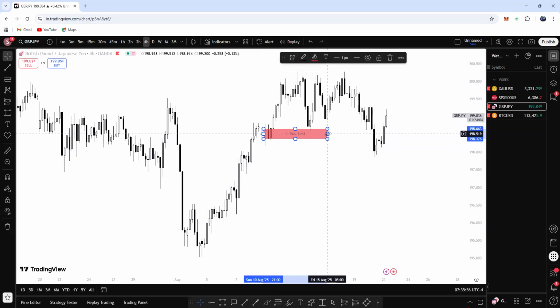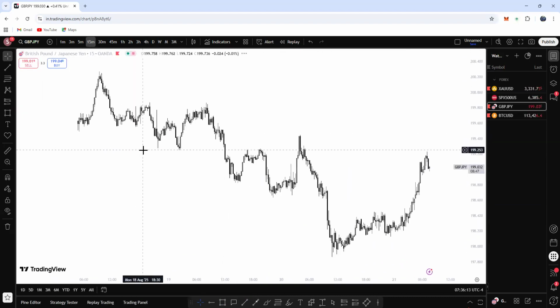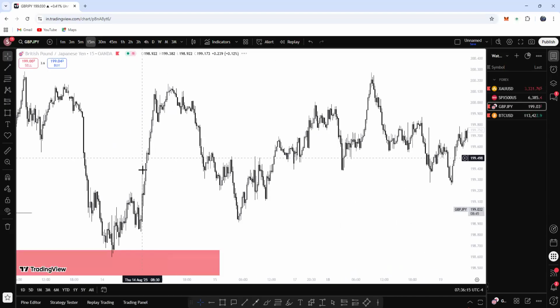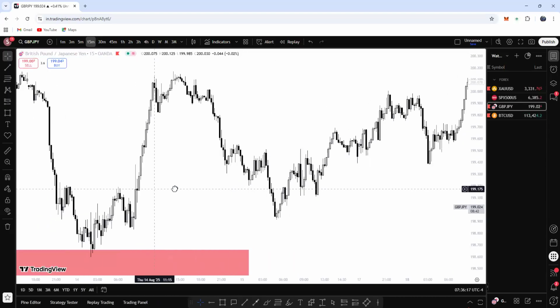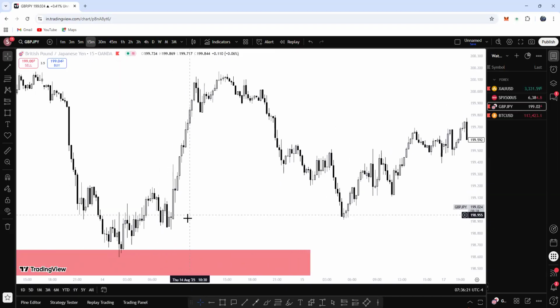Let's see, we already have our miss, which I call liquidity. We have mid there. So let's check the lower time frame, if we have something there. This was just so simple, guys.